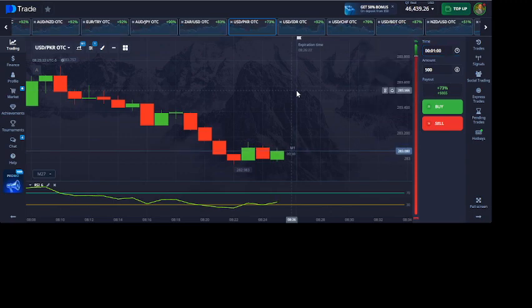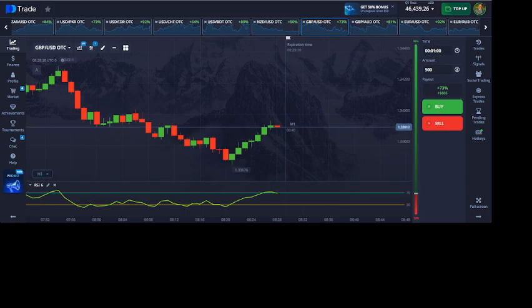Okay, so I'm going to pause the video and look for my first setup. Okay, so I'm on the Great British Pound US dollar currency pair. I haven't taken the trade yet, but it looks like a potential setup. What you're looking for is for the RSI line to cross above the 70 line.